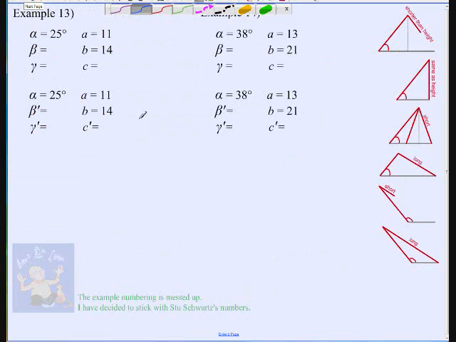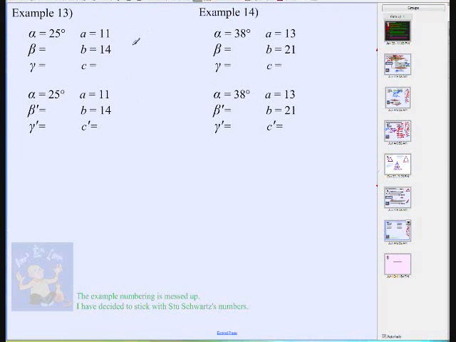So maybe we'll do our drawing like that. We are going to try this method of drawing the two possible triangles together. That way we'll get that little isosceles triangle, and we can use the supplement of B to know what B prime is.